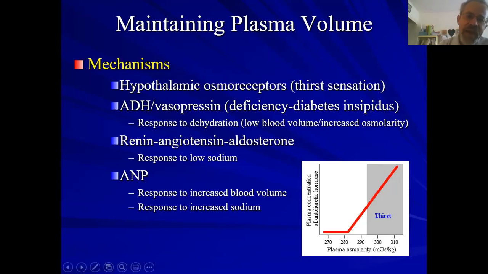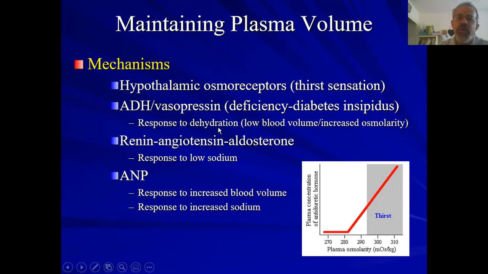There's 4 main factors that regulate plasma volume, making sure we have an adequate amount of plasma in the blood. One is our ability to respond to the thirst sensation. When we're dehydrated, the hypothalamus is activated via its osmoreceptors, which gives us the sensation or the need to drink. And of course, when you drink, that will increase your fluid volume, which ultimately will increase your plasma volume.